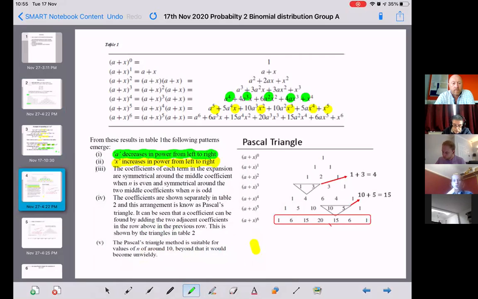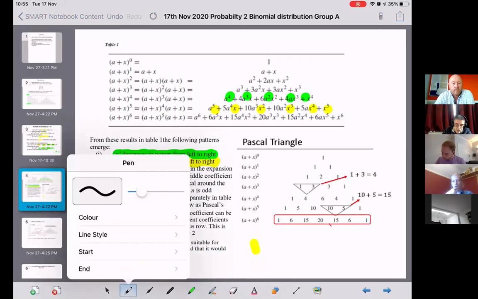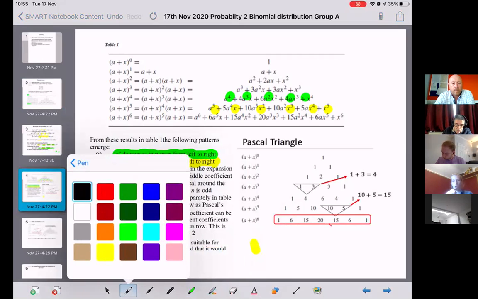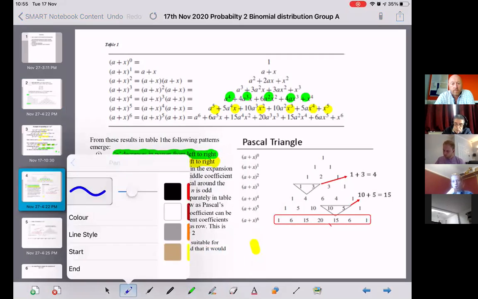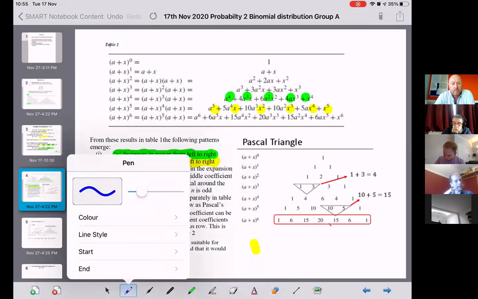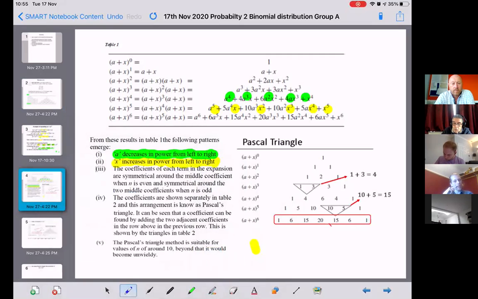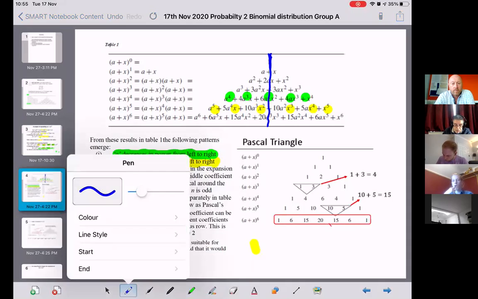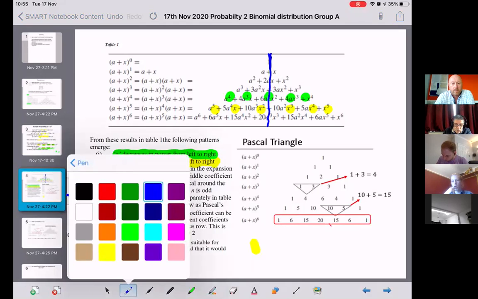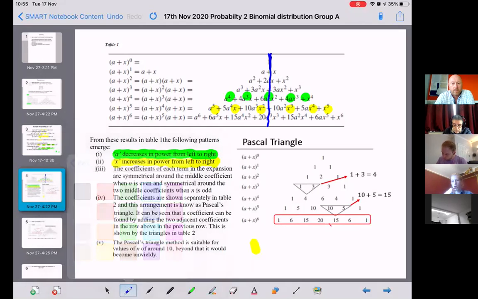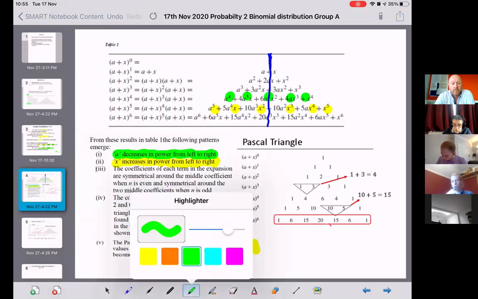Then, if we put a line of symmetry down the middle here, and look at the coefficients, the numbers in front of the expressions, they're symmetrical about that center line.